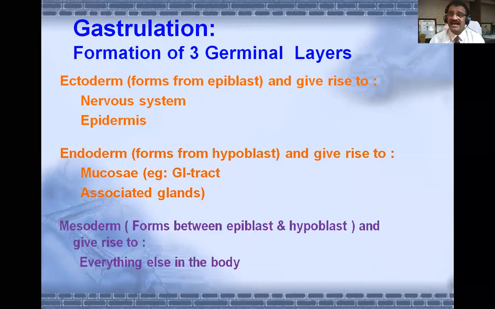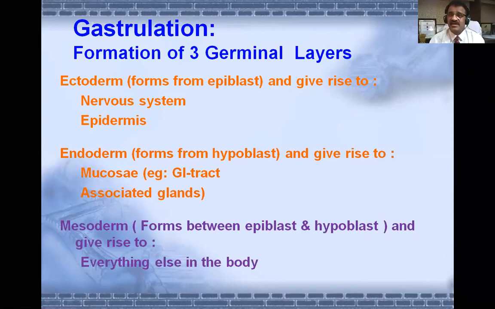And next, the last layer of the germinal disc is mesoderm. It forms between the epiblast and hypoblast and gives rise to everything else in the body. Everything else means most of the connective tissues, muscles, all big viscera; everything is formed by mesoderm. We'll come to that again in detail later on.